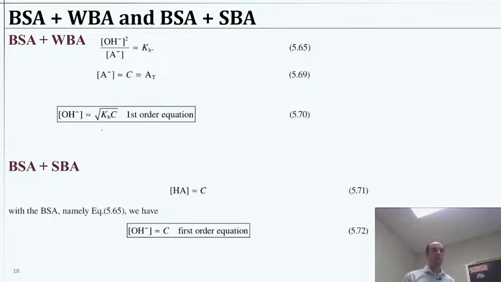And you see here, we can use Kb instead of dealing with the complexities of using Ka, because it would be a little bit more complex that way. That's why it might be nice to simplify it into Kb. And we can take the strong base approximation where it would still be in the HA condition, and we'll get essentially OH minus is equal to the total concentration of our C.